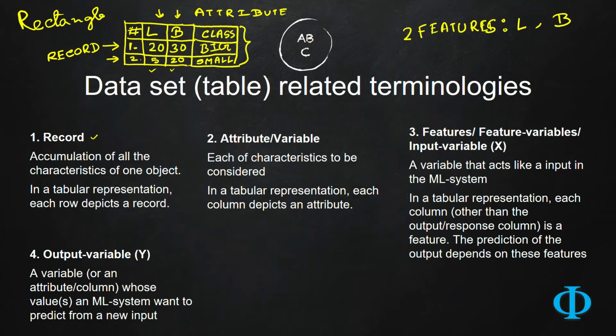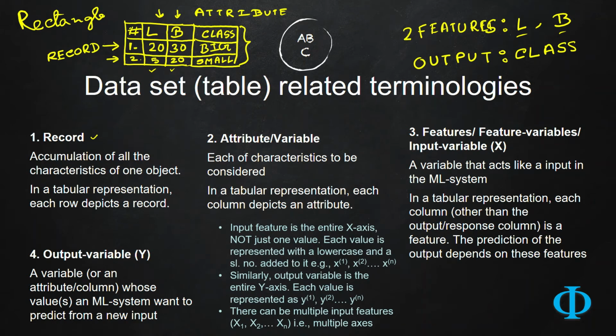This is just an example. Here our two feature variables are L and B, and the class column, that is the output, is basically nothing but class, whether it is big or small. So this is the explanation of each different thing in a tabular data set.